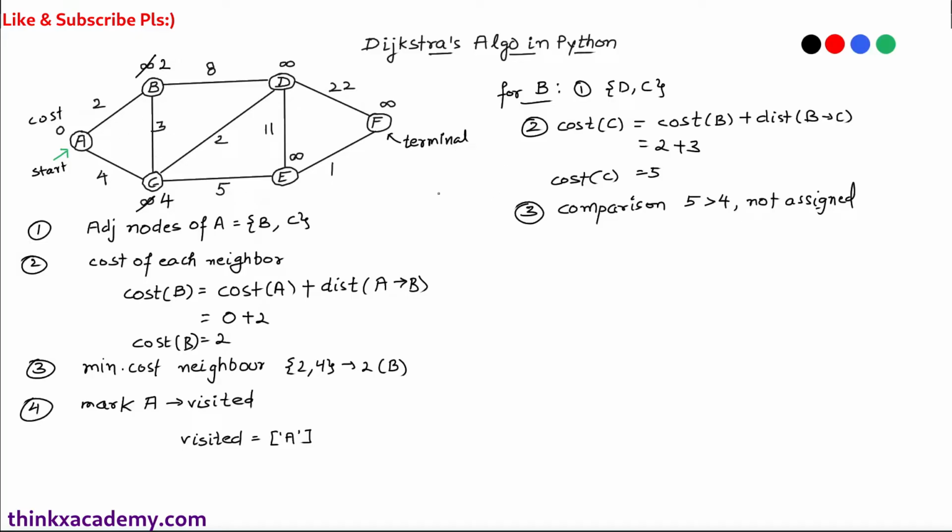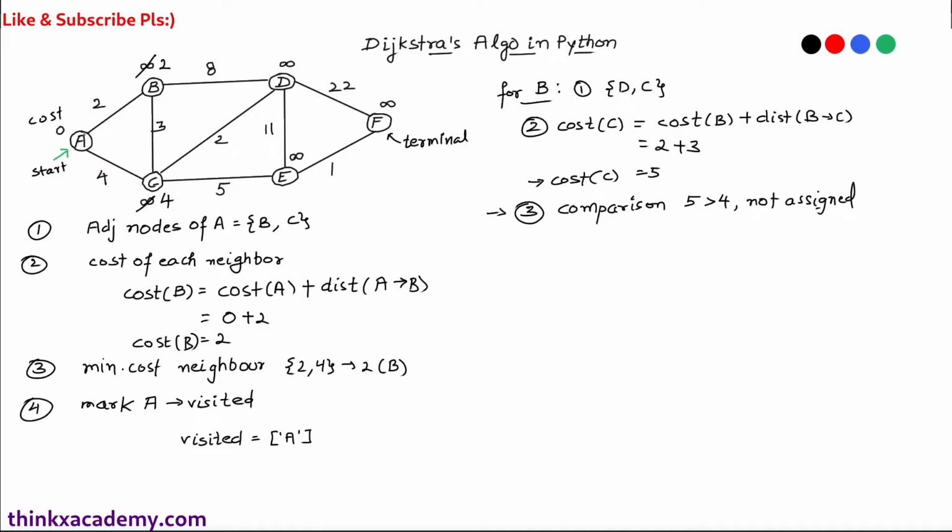This comparison says that instead of choosing the path from A to B to C, which is 5, we are not going to reassign the value 4 to 5. We are going to keep the value 4, which means that A to C is lesser, so that's why we will not assign it. This comparison is very important, and we will do that here also.